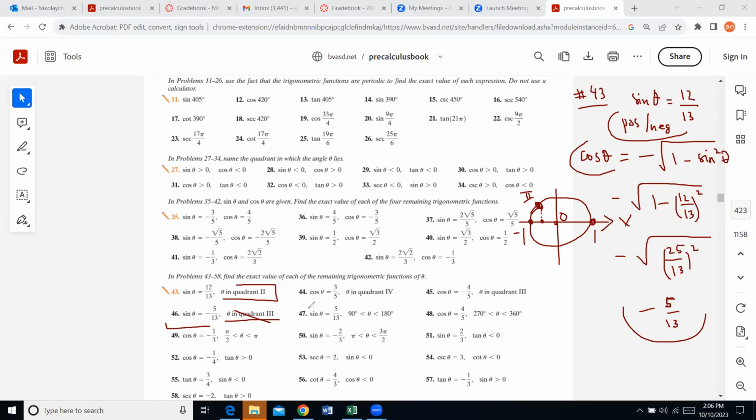If you decide to continue with this exercise just to enjoy finding all of the 6 remaining trig functions, you can find tangent by dividing sine by cosine, etc. Don't take reciprocals. But that's not what we actually need here.